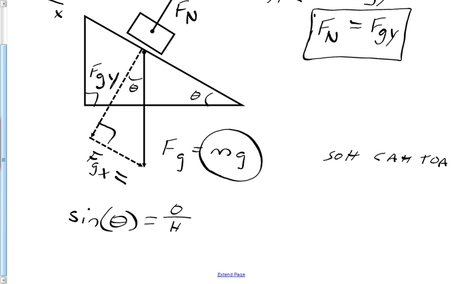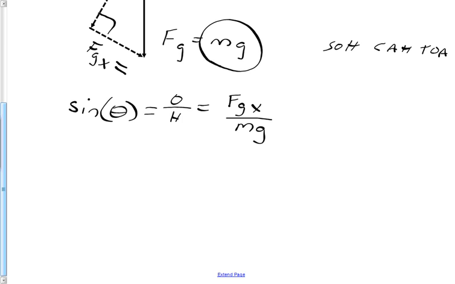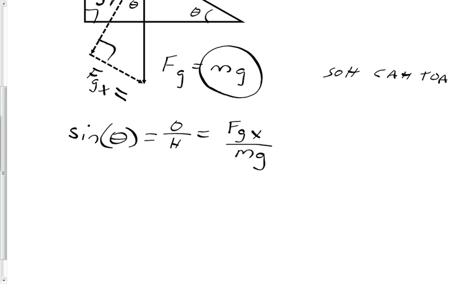Well, if that's true, then in this case it's equal to the force of gravity in the x direction divided by mg. And so if I multiply each side by mg, I get that the sine of angle theta times mg is equal to the force of gravity in the x direction.